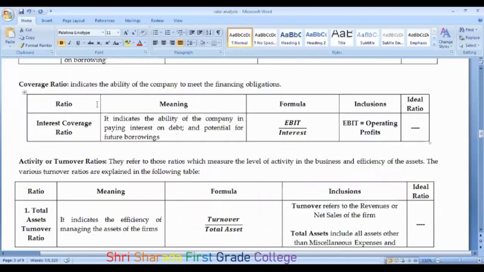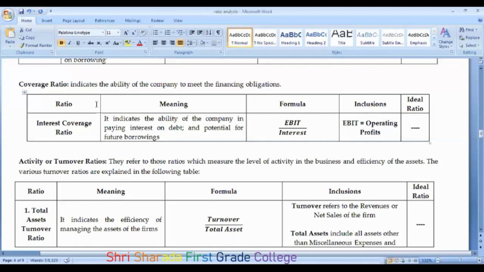So the coverage ratio includes only one thing: it indicates the ability of the company to meet its financial obligations. Wherever you come across this ratio, this word is common.